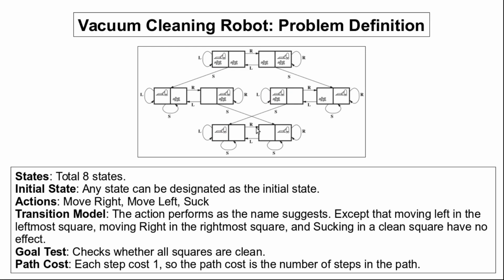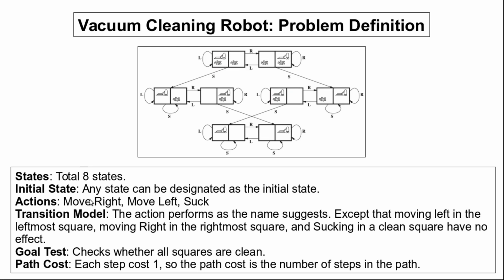If you remember, the transition model tells us what would be the new state when we perform an action on a given state. And in our example, the name of the action itself tells us what the action will be performed.